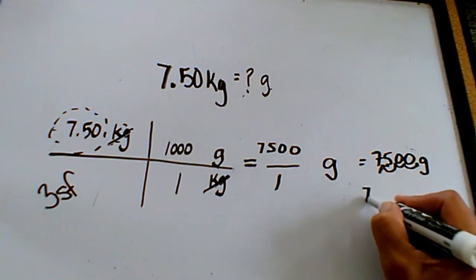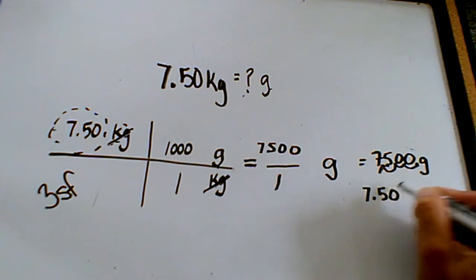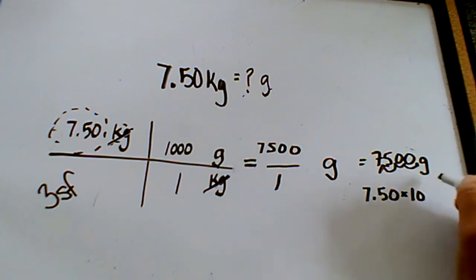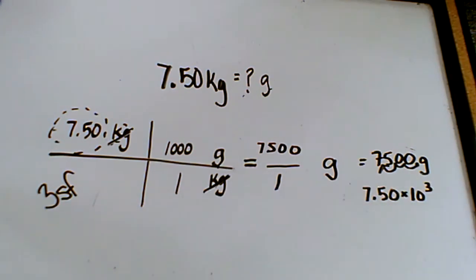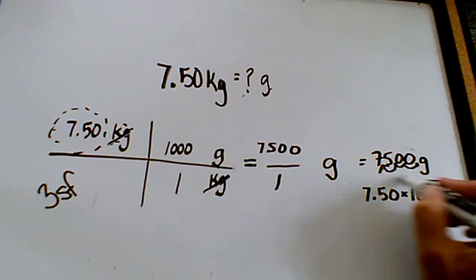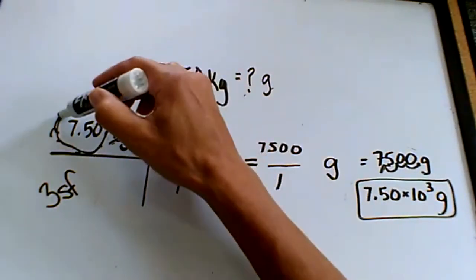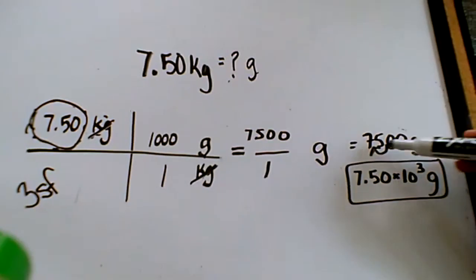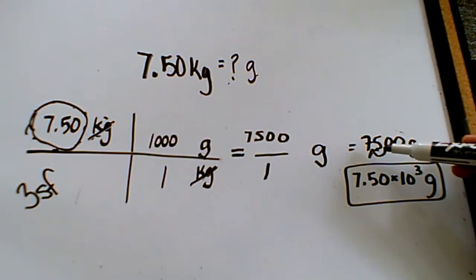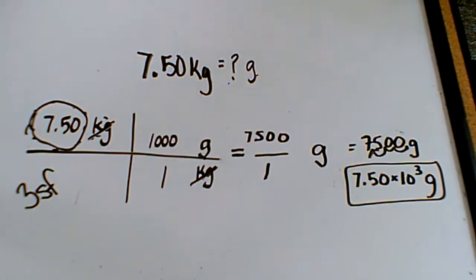And I end up with 7.50 times 10 to the 3rd grams. I can't take a measurement that has 3 sig figs and make it into a measurement that only has 2. That's not appropriate. A lot of students make mistakes right there.